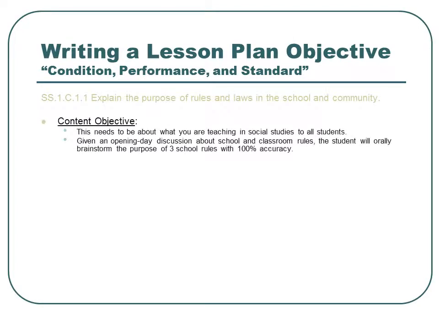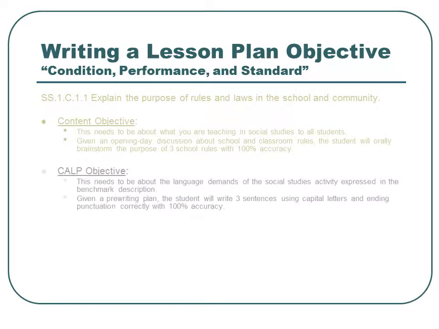Well, I know that my content objective needs to be about my social studies benchmark. It needs to be about rules and laws in the school and the community. So, as an example objective for the content, I would write, given an opening day discussion about school and classroom rules, the student will orally brainstorm the purpose of 3 school rules with 100% accuracy.